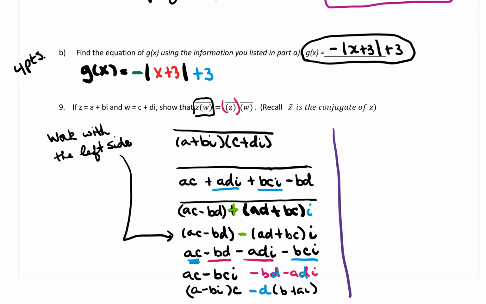Okay, so looking at the right-hand side, if we look at Z bar times W bar, this is equal to A minus BI and C minus DI.